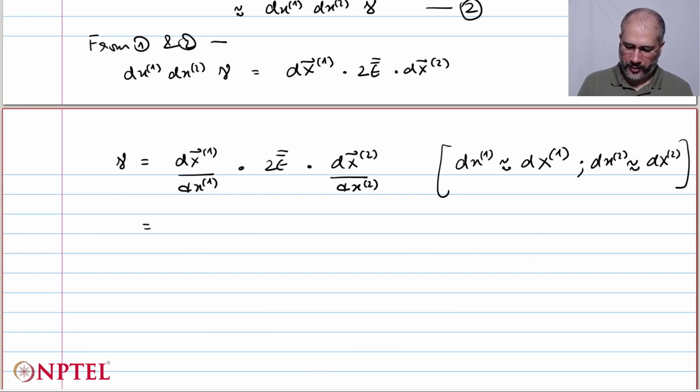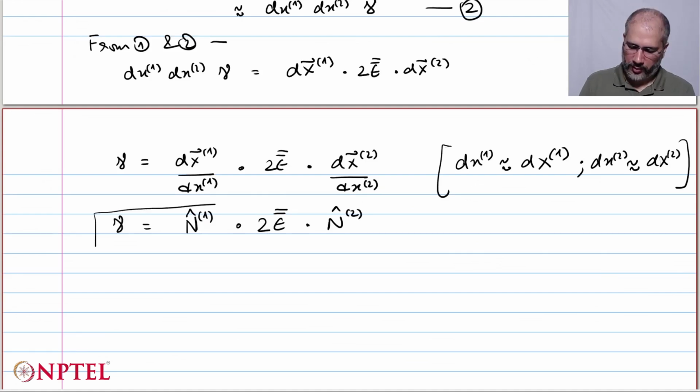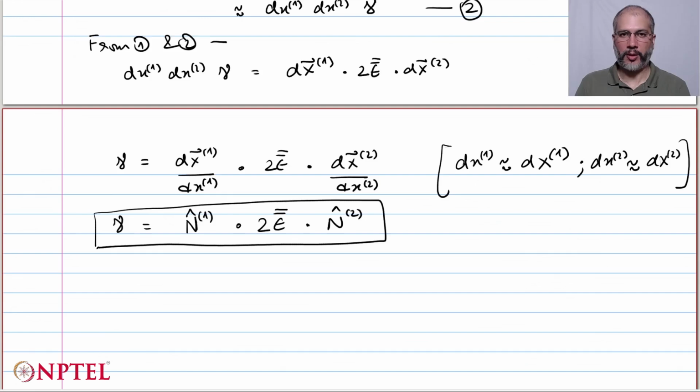And if I do that, this becomes dX1 upon dX1 magnitude, that is the vector n hat, dotted with the vector n hat. So this has given us the gamma in terms of epsilon.